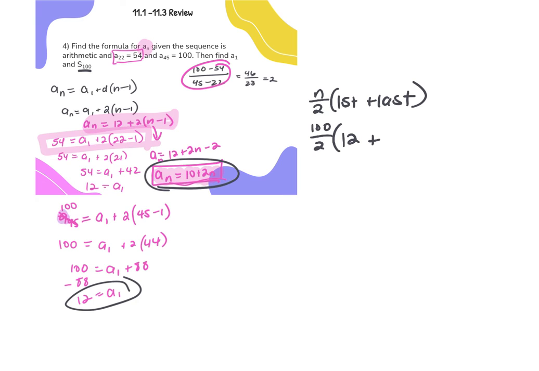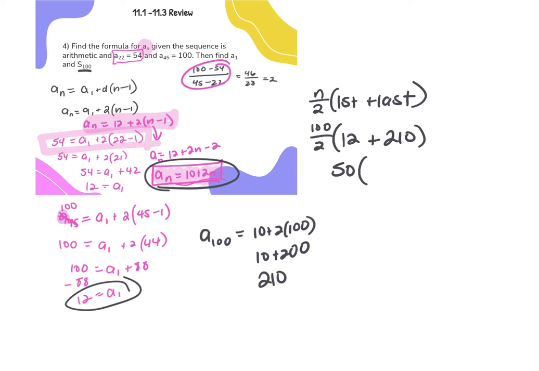So I would use this one. a100 equals 10 plus 2 times 100. 10 plus 200, or 210. So 50 times 222, right? Yep, 11,100.